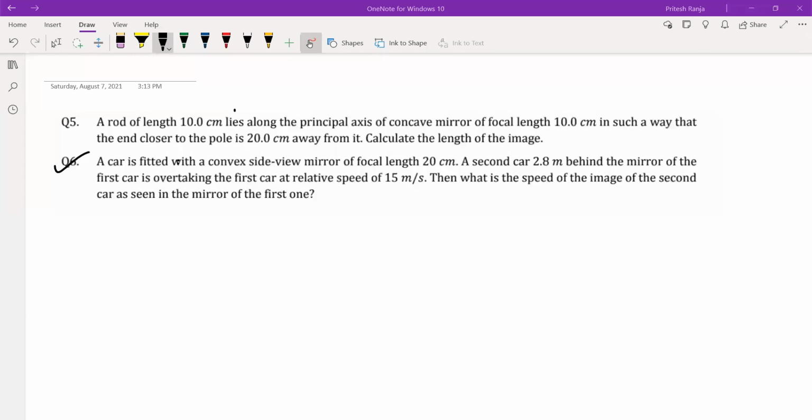All right, this question we will do. This one here. That 5 centimeter is right. Number 6 quickly we will do.